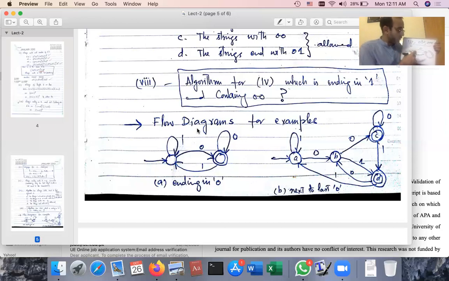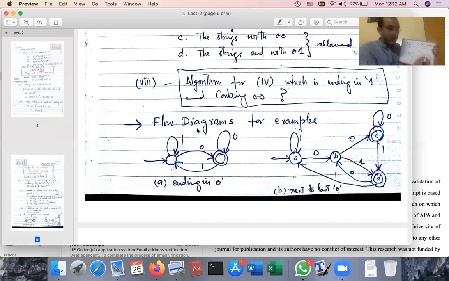But in finite automata, if the alphabet set is 0 and 1, then every state must have these two inputs, 0 and 1. Here, this state is only showing one output, which is 0. You have to think about its other output, which is 1. Where do you put that 1?